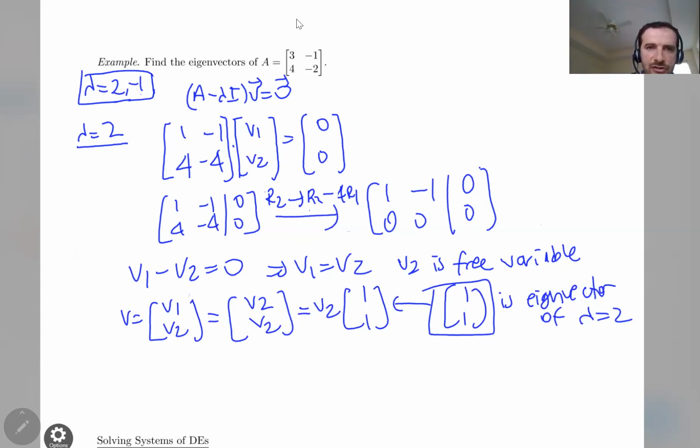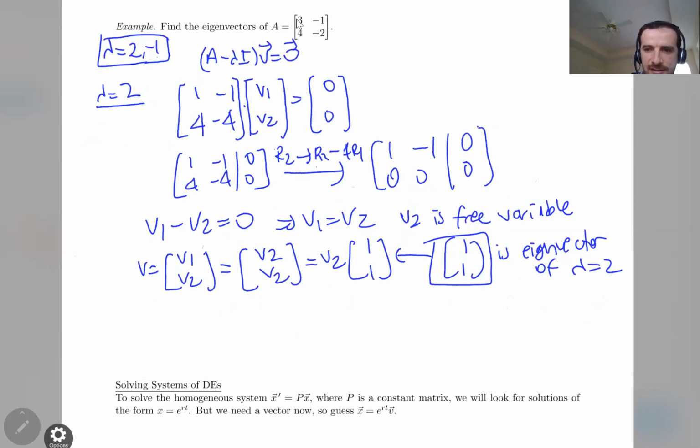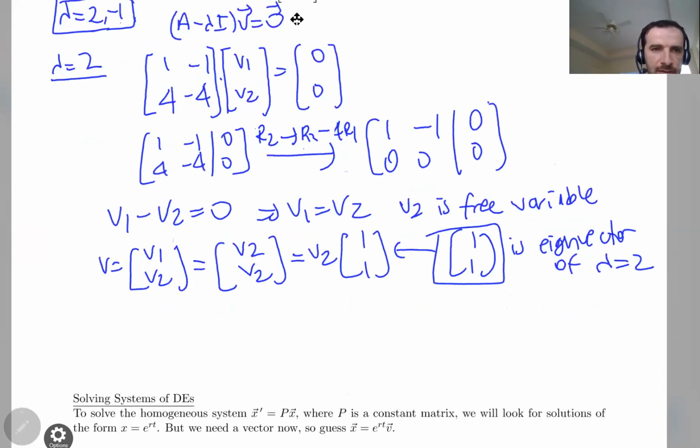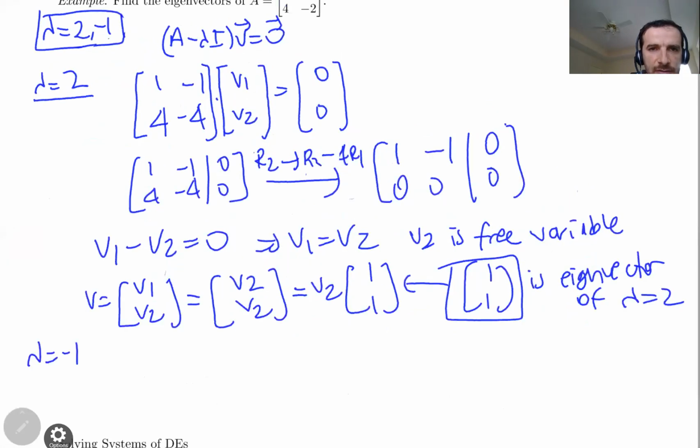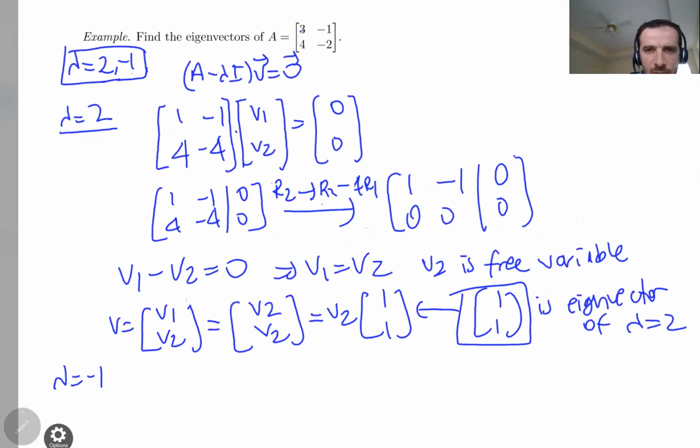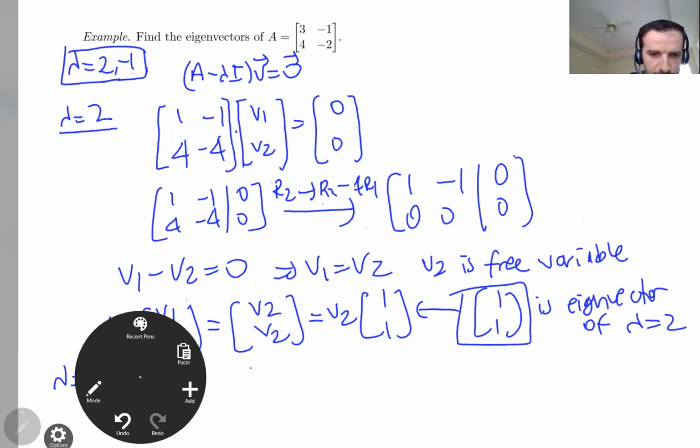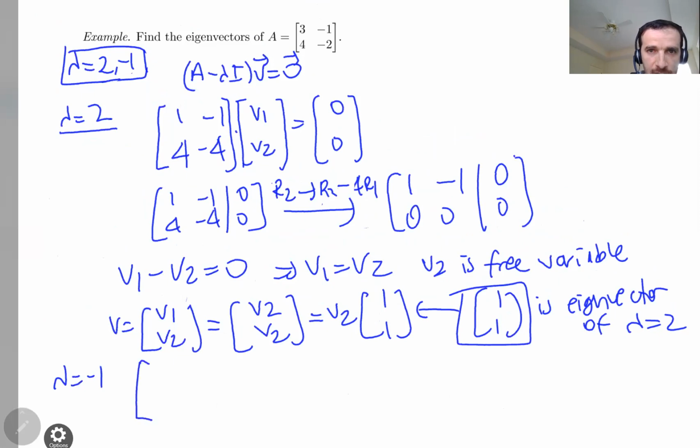Similarly, let me try it. Can I fit in here? Maybe I can. Let's try to fit in here. Okay, for lambda equal to -1, again, just plug the -1 here. If I plug the -1, which means I will just add 1 to the diagonal entries. 4, -1, 4, -1.